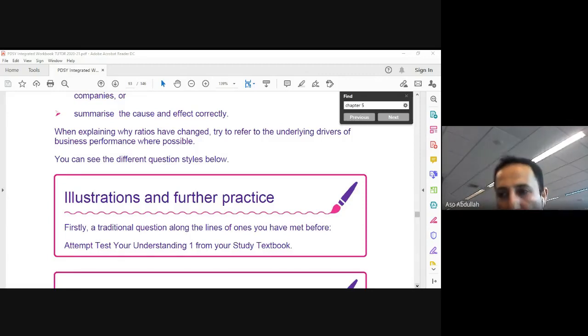Remember, with ratios, we are analyzing, we are investigating this year with the last year, and this year with the past 2-3 years. You look at your profit level in the past 5 years, for example, how it is increasing and decreasing, how it is changing. Okay, so this is what I need you to go through.